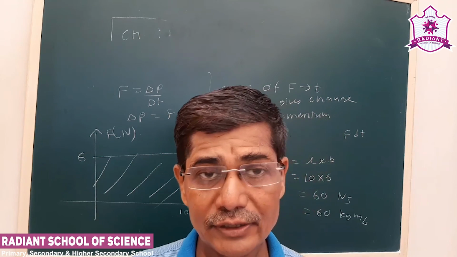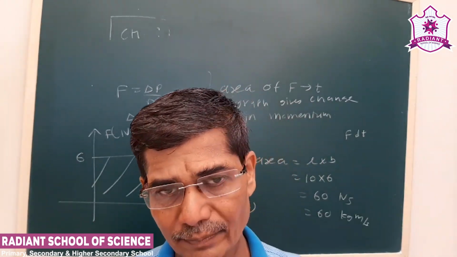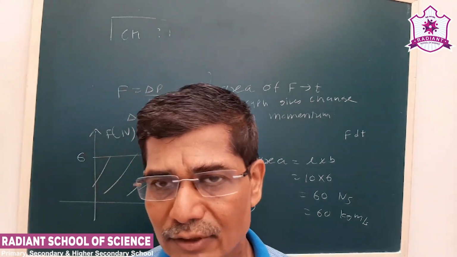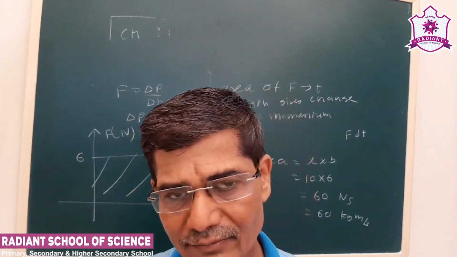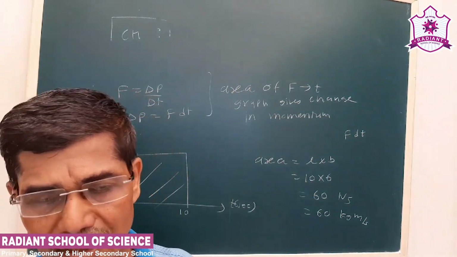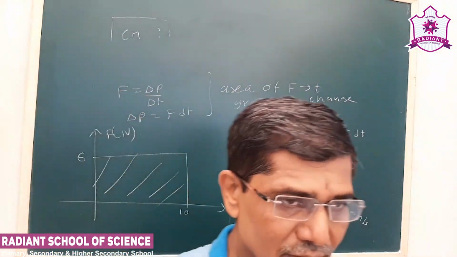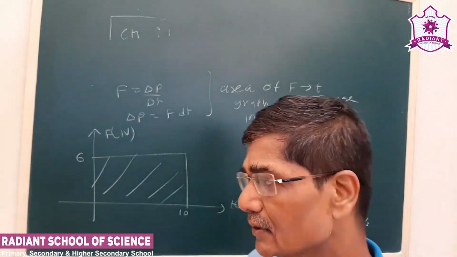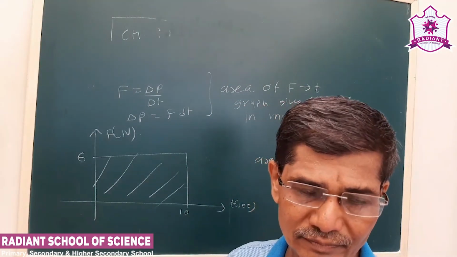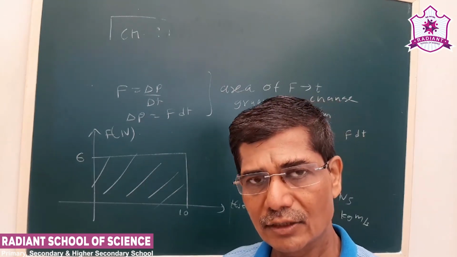The third law also says that forces are always in pairs. We studied the law of conservation of linear momentum. That is one of the important laws. In the higher standard we will have a number of problems based on this. We studied examples, the exercise numericals, and today we have taken some MCQ. Next time we'll start a new lesson. Thank you.